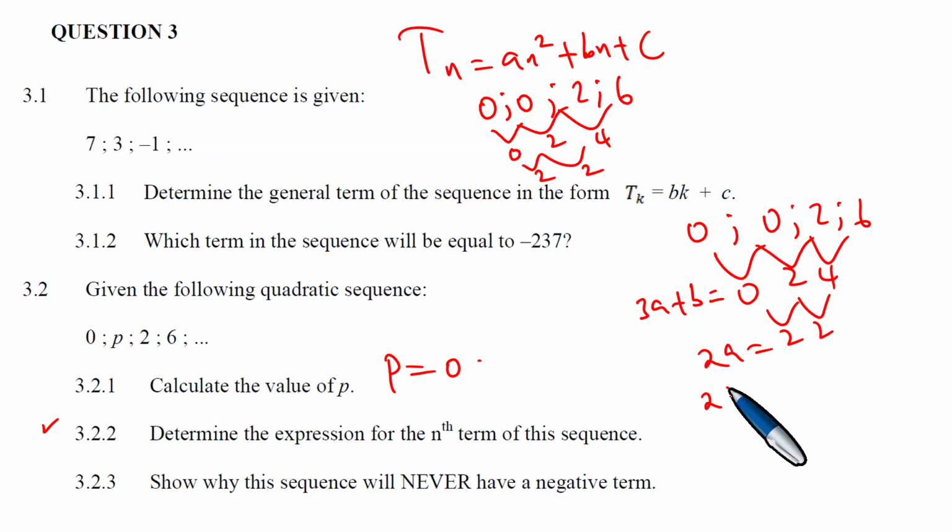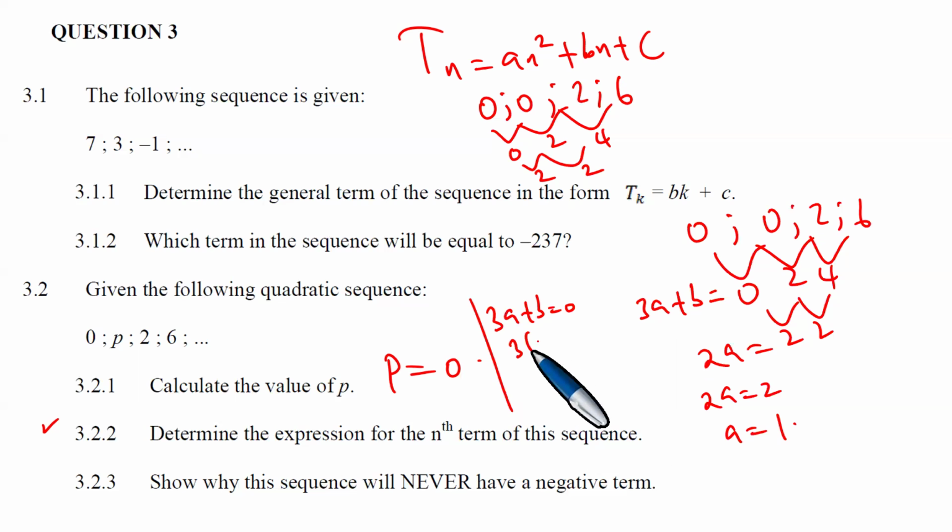So if we have that 2a equals 2, we divide by 2, which means a equals 1. Once you get that a equals 1, then we must be able to get the b here: 3a plus b equals 0, which means b equals minus 3.